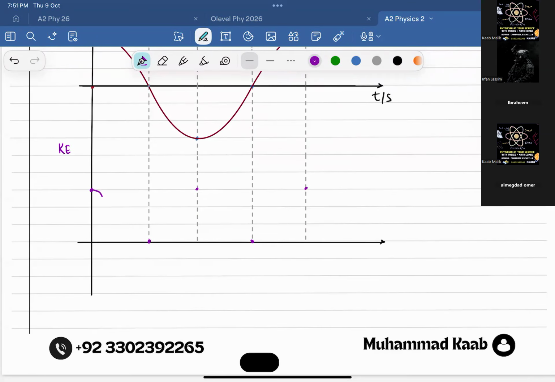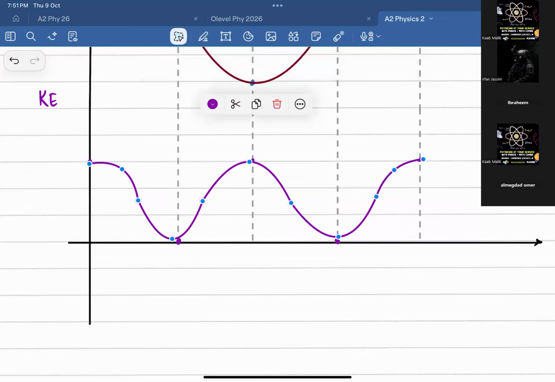Now let's draw it. This is something I have. So this is basically the energy graph for the potential energy, right?